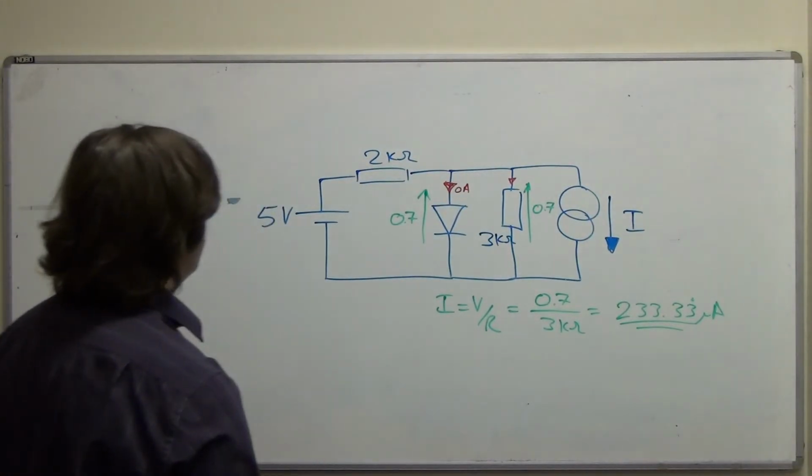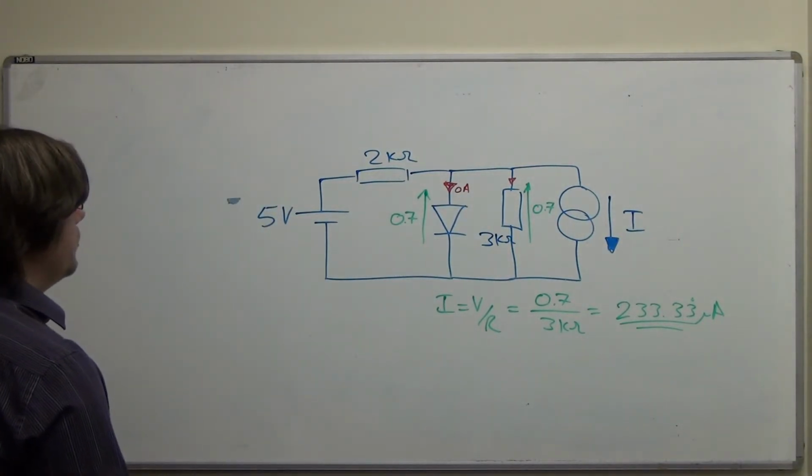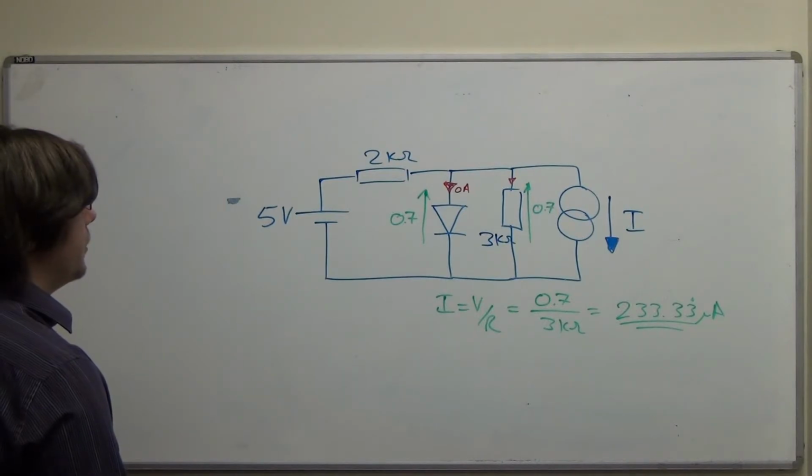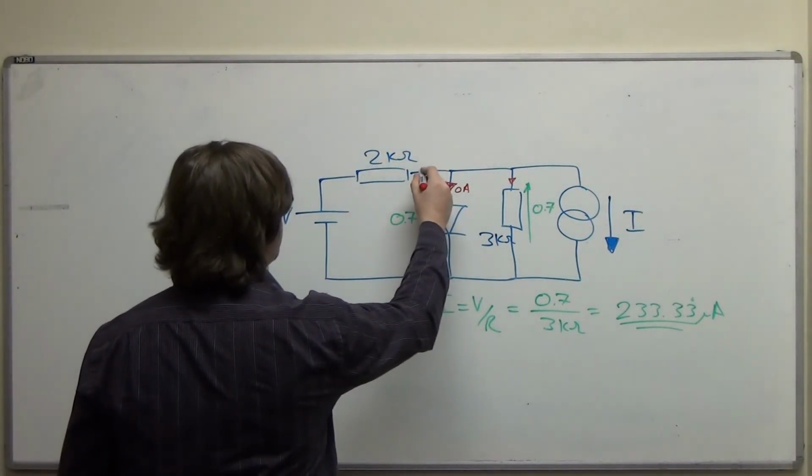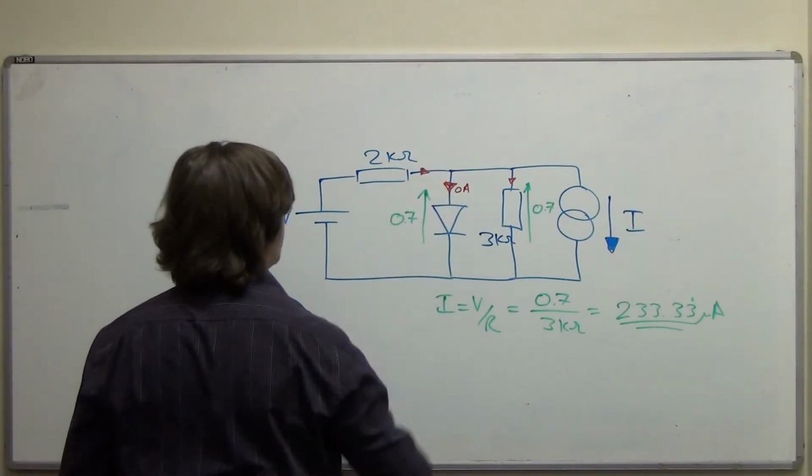And we can say, well, we know that this current must be flowing from somewhere, and we know that there must be some current through here as well.